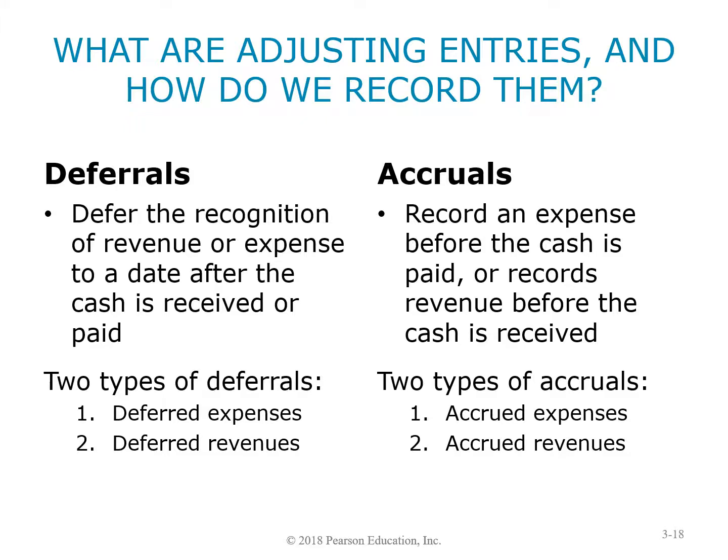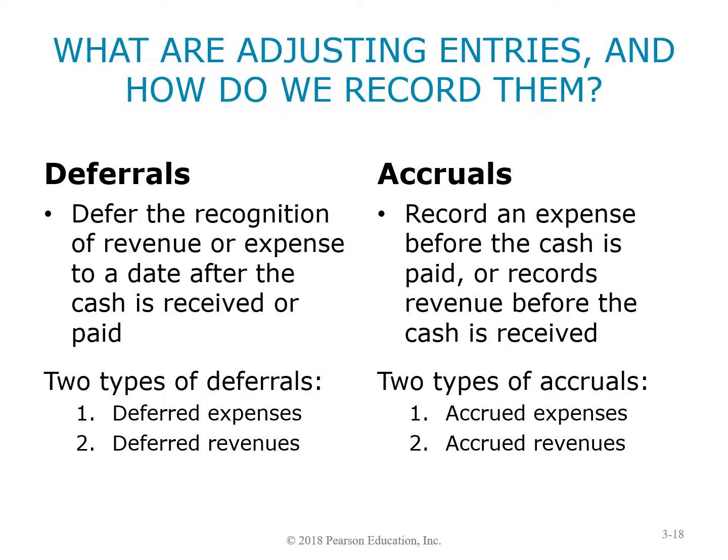So now in this chapter, once we use them up, we will move them out of supplies into expense. So that was a deferral. Deferred revenues: if you receive money for services you haven't performed yet, you put it in unearned. That's deferred revenue. That means that you defer the revenue until you earn it.